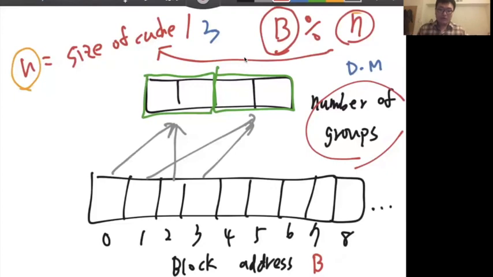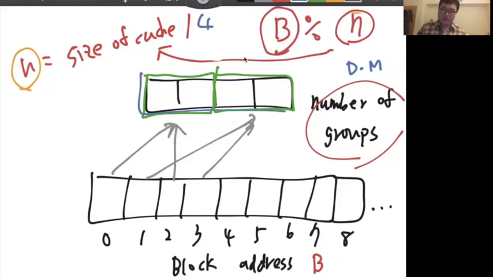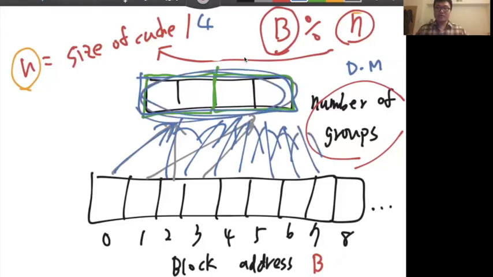Of course, if you want to make a 4-set associated cache, then you change this to 4, which means everything here is one group. And n will be equal to 1. So everything mod 1 equals 0, which means every block can go to any single spot in the same group, because everything here is a group.